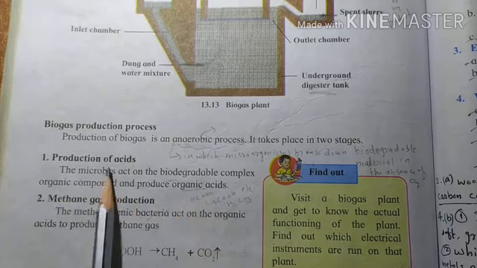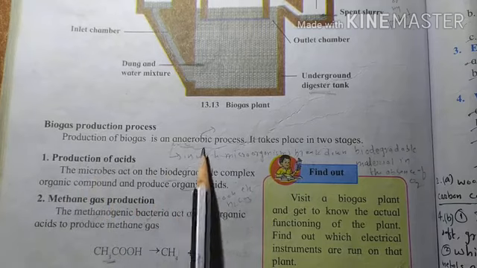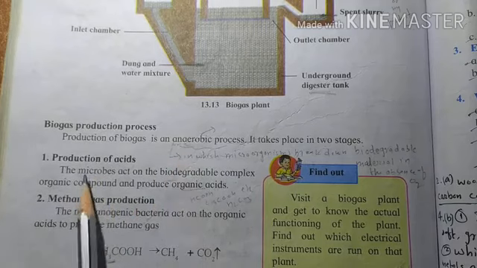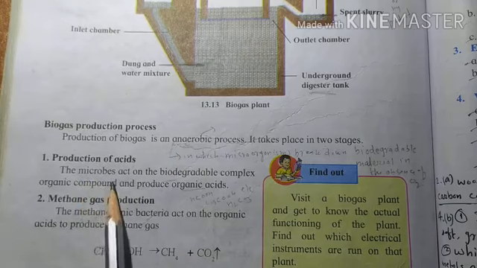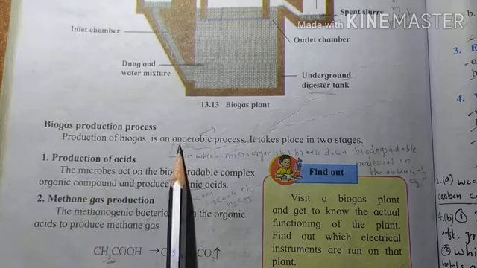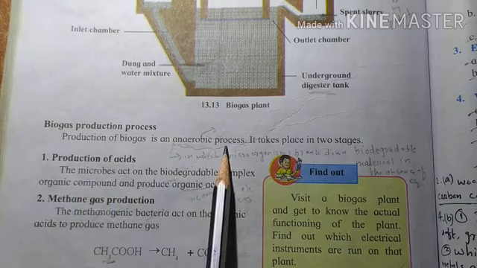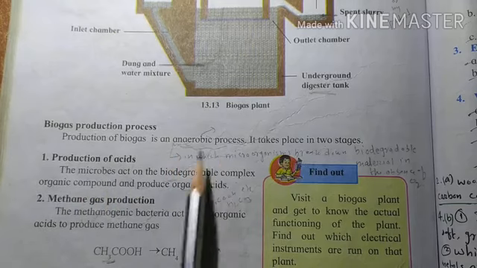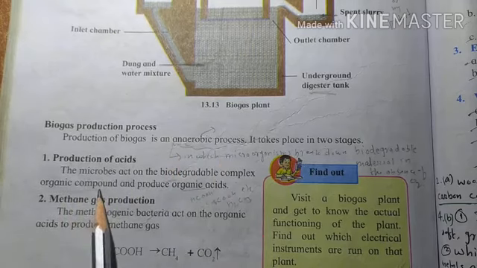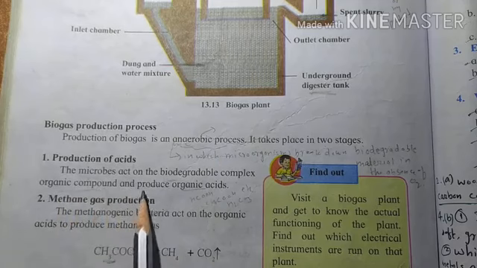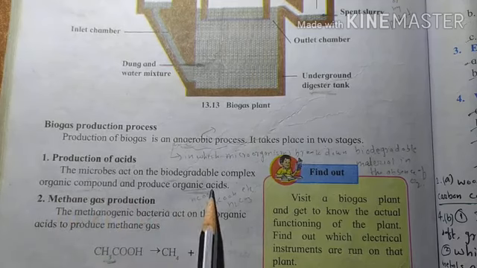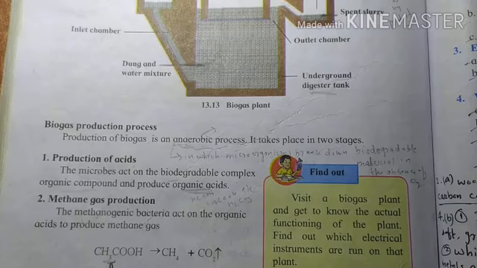So the microbes present there convert the organic compounds into organic acid. The organic acid here is acetic acid.